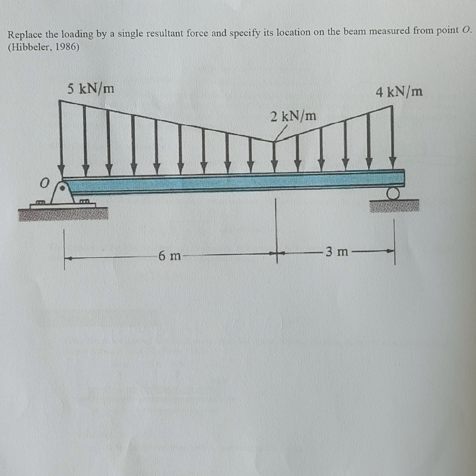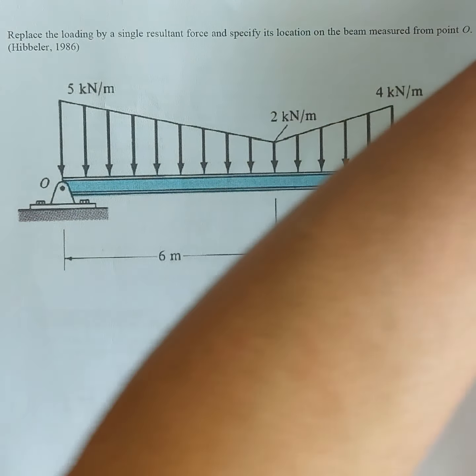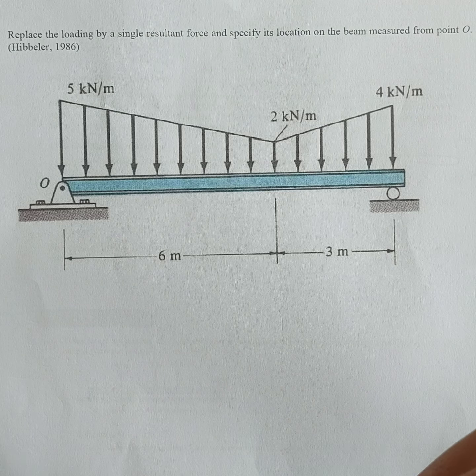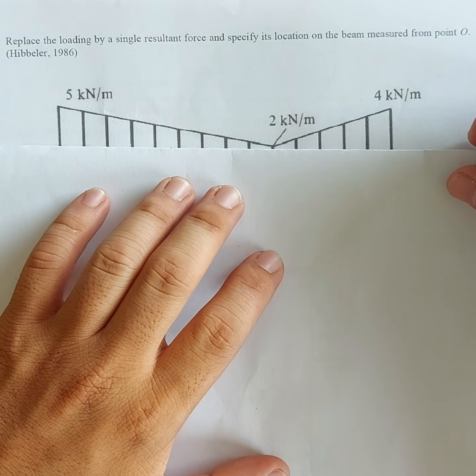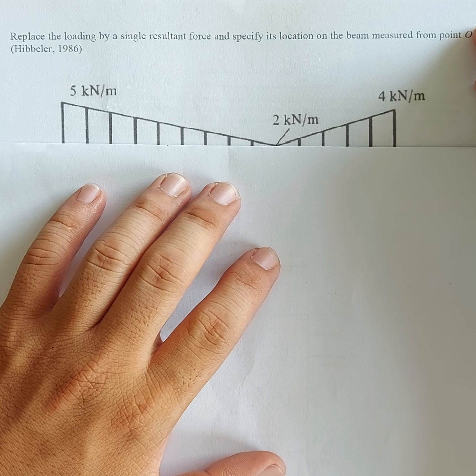Or in our module, the division is different. I don't know, it was 3 or 4 triangles. But let's try to divide it into 2 triangles and 1 rectangle. That's how we divide it.